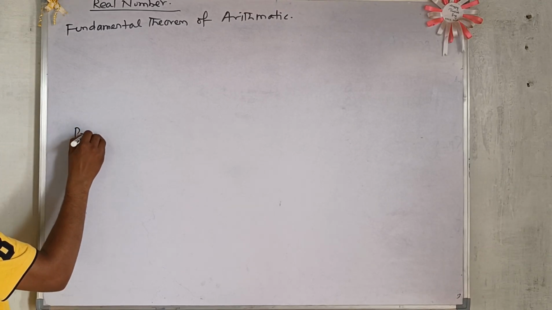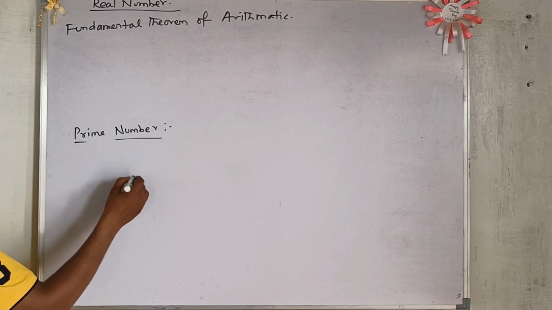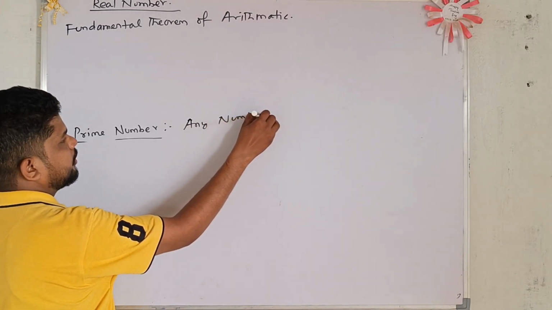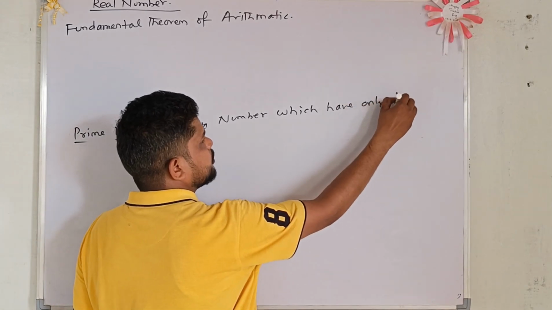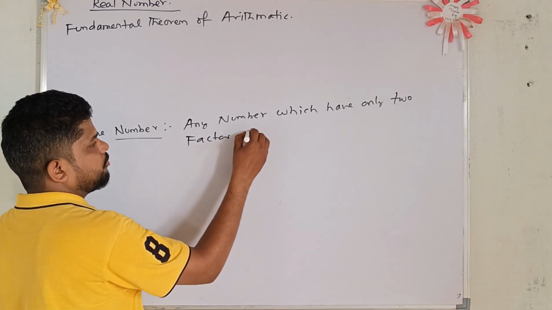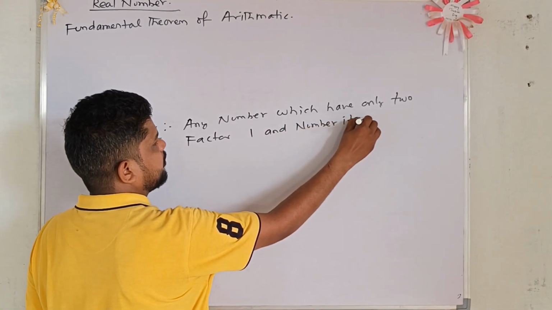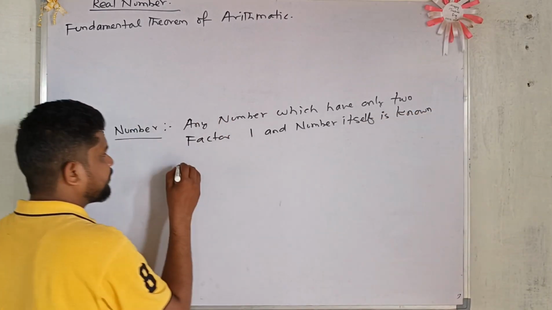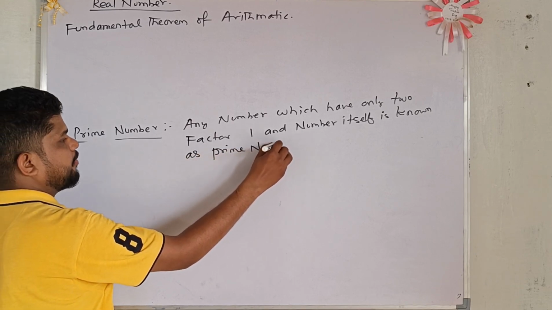So far we know what a prime number is. What is a prime number? Any number which has only two factors, one and the number itself, is known as a prime number.